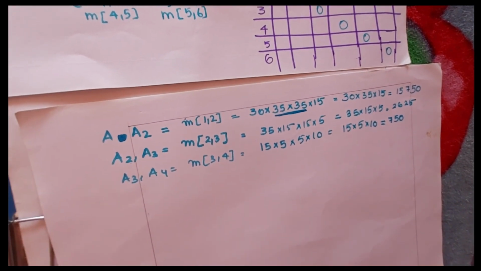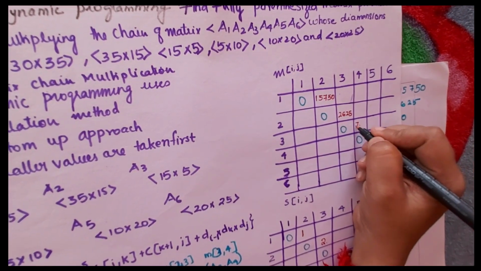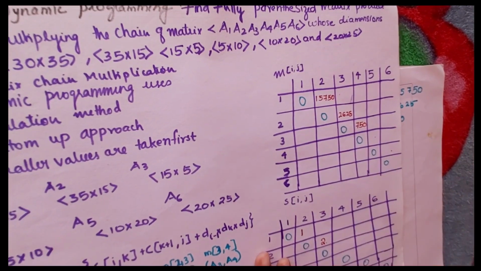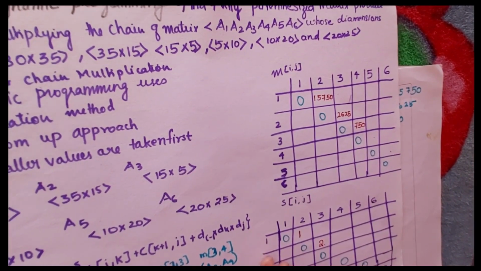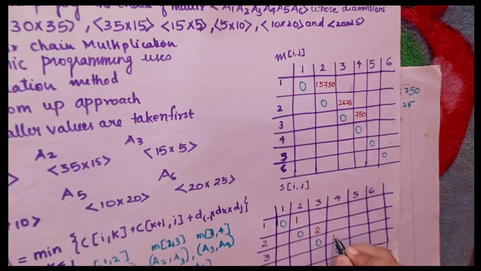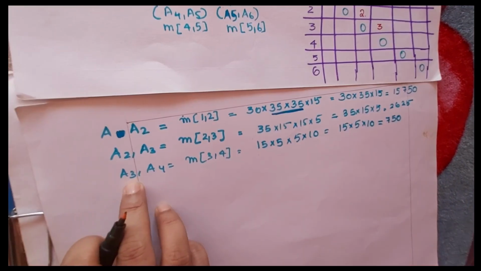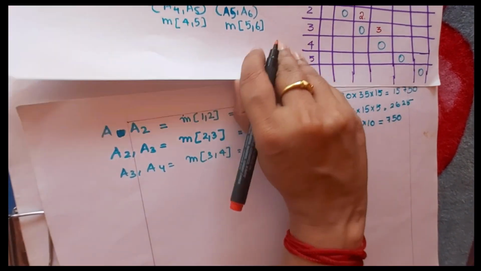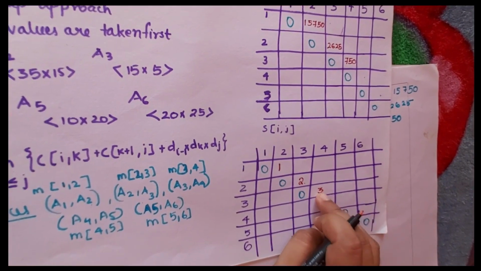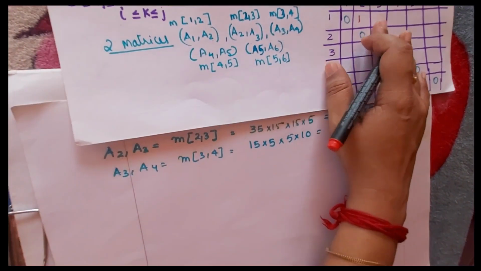After getting this 750, you have to write it here, and the split is occurring from the third one. So we'll write here as 3. Now, which is the next one?